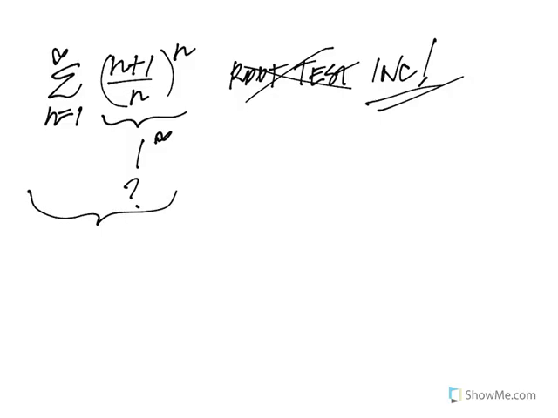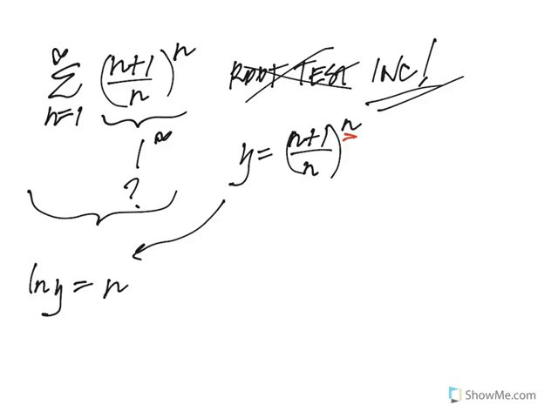So let's examine this. If I set y equal to n plus 1 all over n, to the n. I want to find out what this does. I want to get this exponent down to the front, which means I want to take the natural log of both sides. That's going to give me the natural log of y on the left, and I've got n times the natural log of all of that stuff in there, n plus 1 over n.